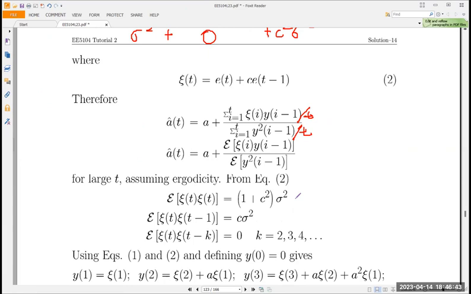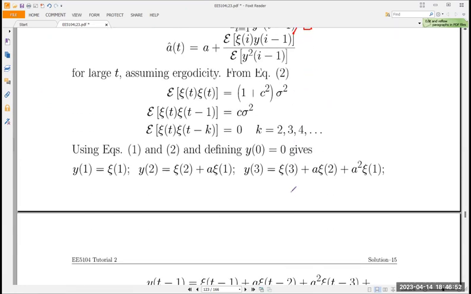So we will do that, likewise, as before. The expectation of zeta t and zeta t minus 1, which is this one here.